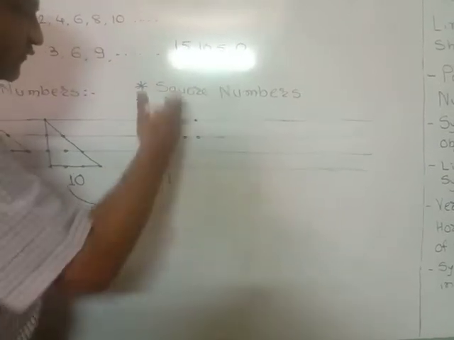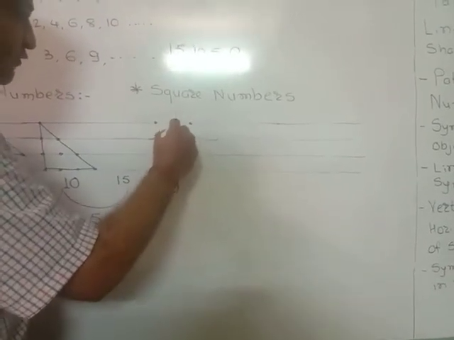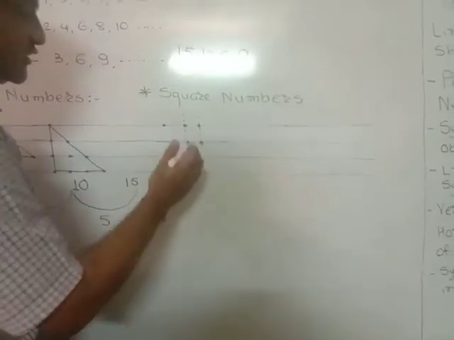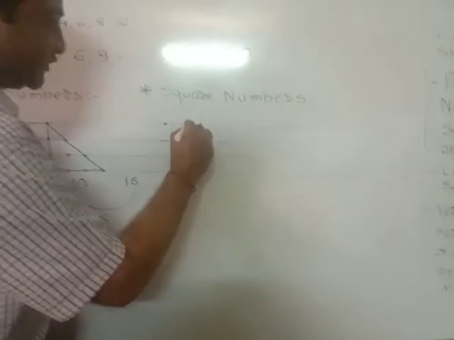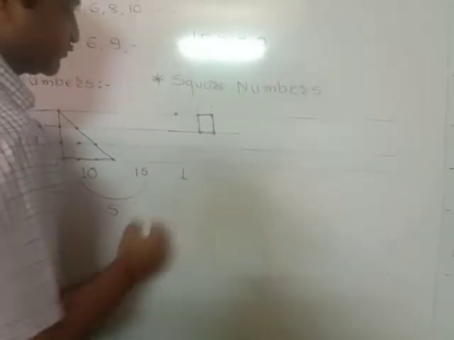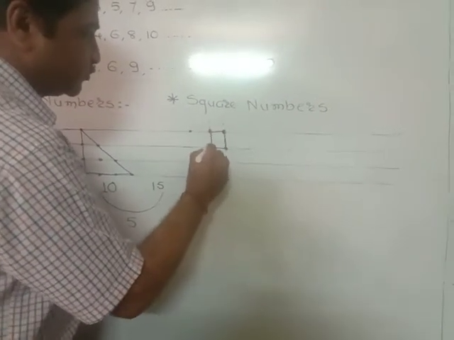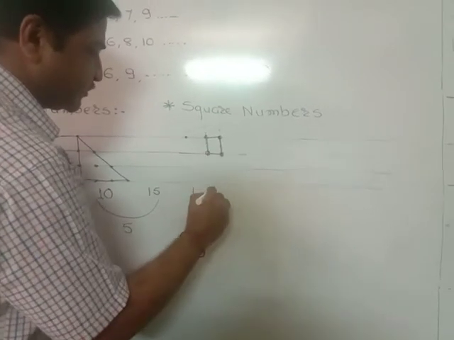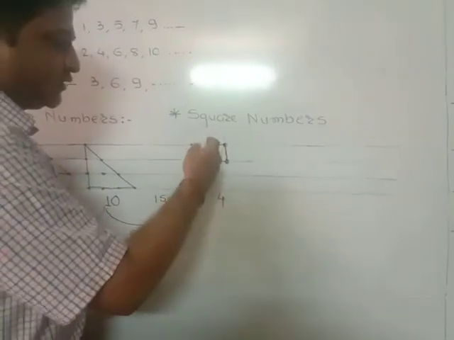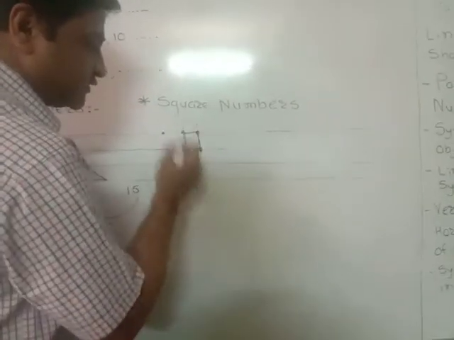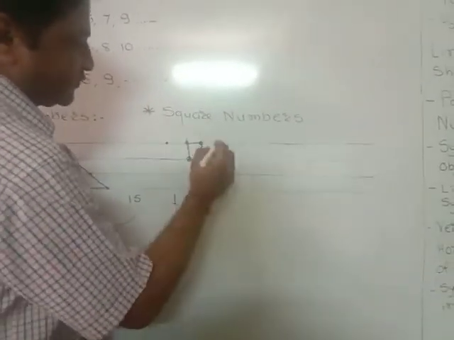So the number of columns will be equal to the number of rows. So in such a case, if I join all the points, I am getting a square. How many dots are there? How many points are there? 1, 2, 3 and 4. So here I am getting dots 2 by 2. So this is the first square, this is the second square number.